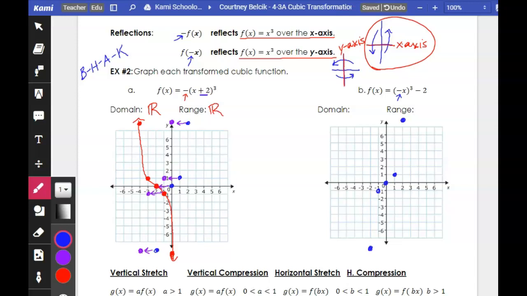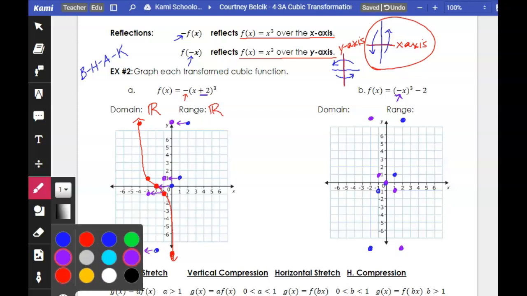So that means that everything that's on the right side of y, you're going to flip it over to the left side. And anything that's on the left side, you're going to flip it over to the right side. So 1, 2, 1, 2, 1, 1, on the axis, 1, 1, 1, 2, 1, 2. So there's my reflection. We got that.